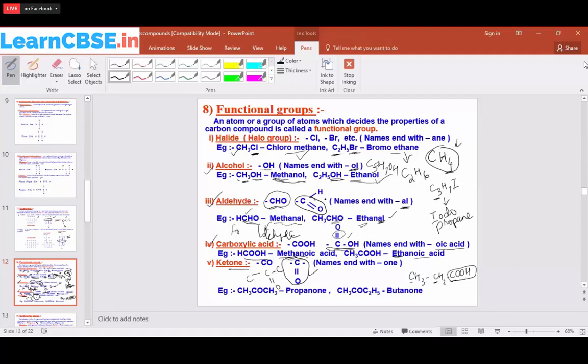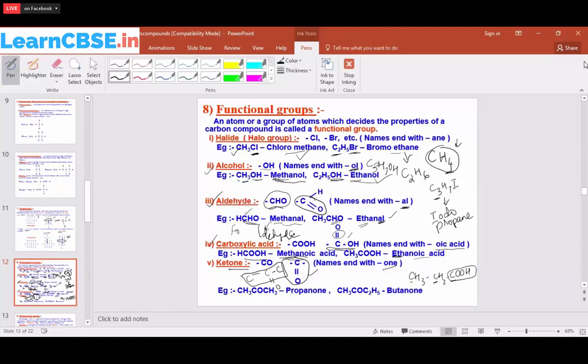So that is the difference between the aldehyde and the ketone. Here it is CHO. If hydrogen comes, we call it an aldehyde. If the C double bond O is bonded with two different carbon atoms, we call it a ketone, ending with "one". It needs at least three carbon atoms, because we cannot substitute with hydrogen.